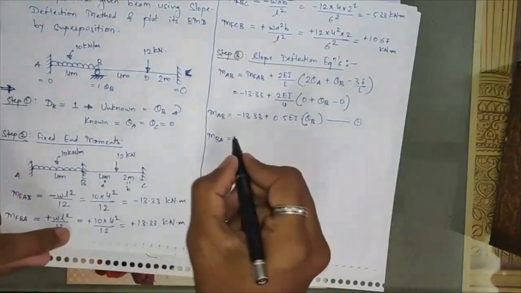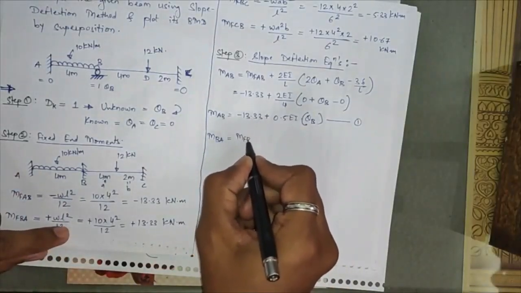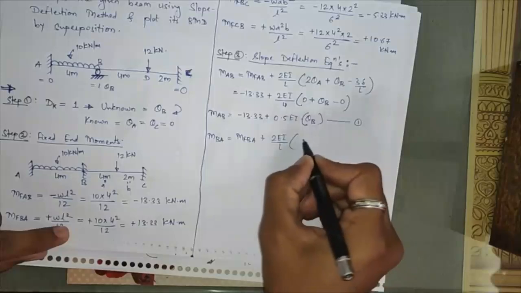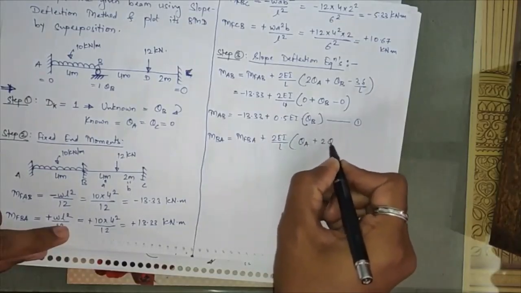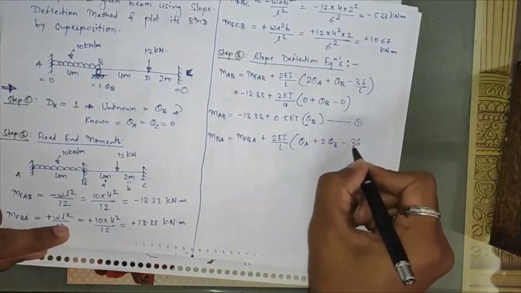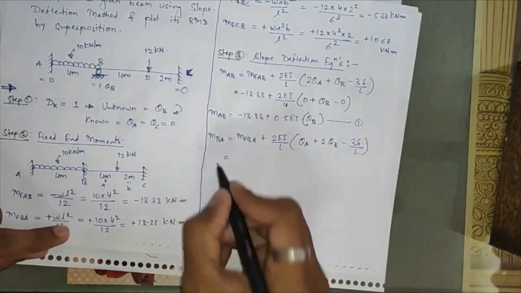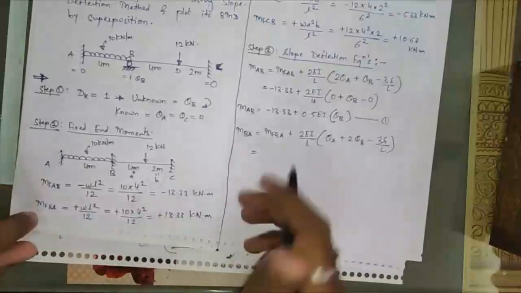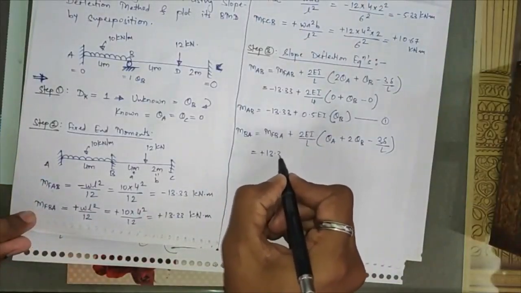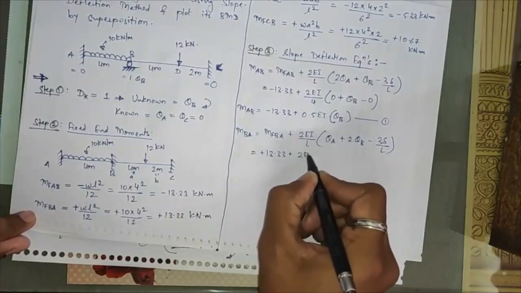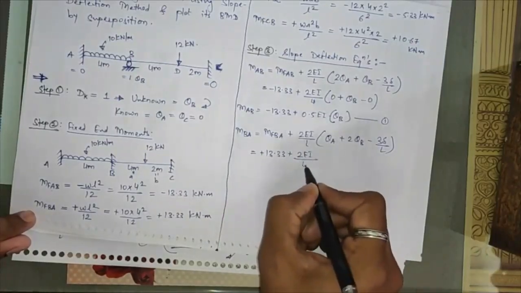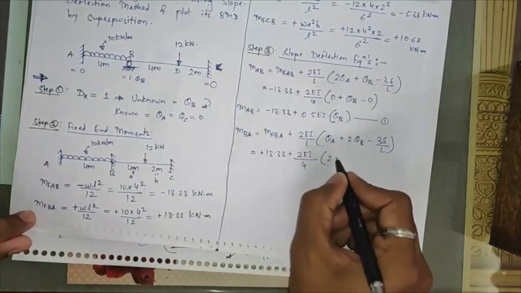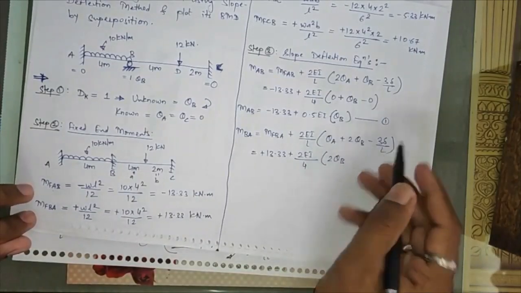Now how will you get the MBA basic equation? MFBA plus 2EI divided by L into bracket theta A plus 2 times theta B minus 3 delta divided by L. We'll substitute the values again here. MFBA value that I have got is plus 13.33. So plus 13.33 plus 2EI divided by L of member BA, that is again 4, into bracket theta A, our basic known value, equal to 0, plus 2 times theta B, and delta will become 0 again.